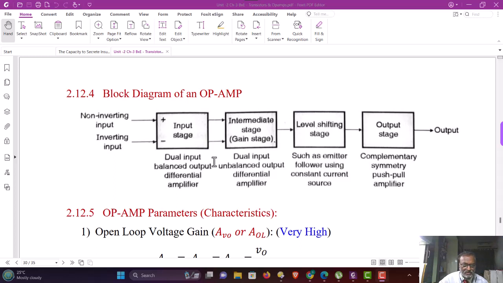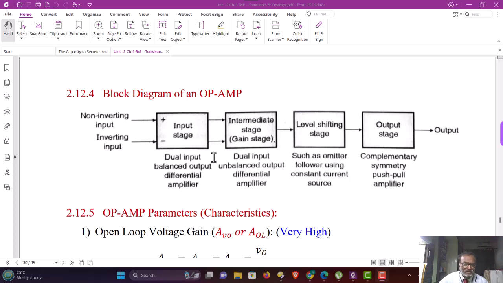The input stage is normally a dual input balanced output differential amplifier. The differential amplifier is basically a common emitter type of amplifier connected in parallel, or it can be a common source amplifier connected in parallel, and the output of these stages is taken differentially.